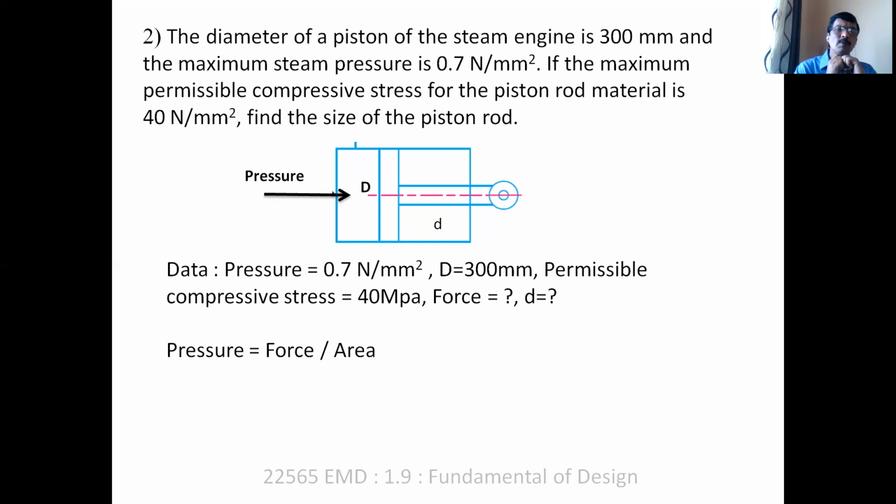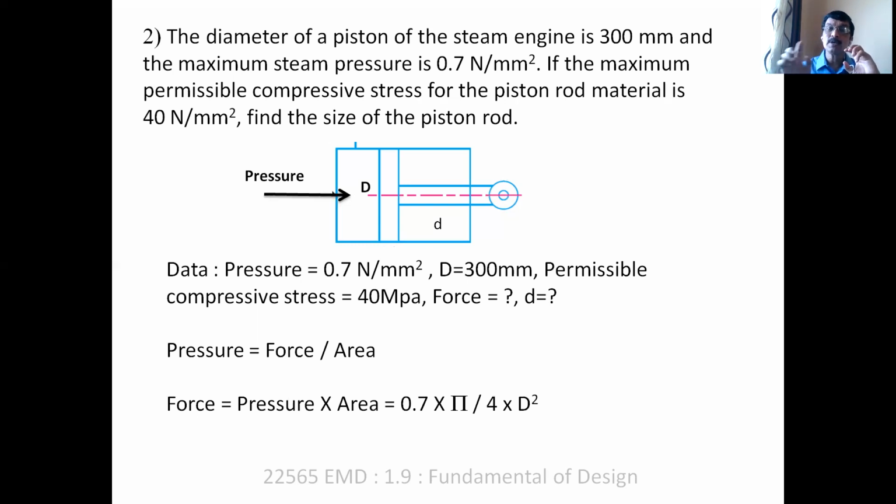Now here pressure is equal to force divided by area. Pressure inside that particular cylinder is 0.7 and the area is having a diameter of 300 mm, so pi by 4, 300 square will be the area. So let us see. Now force is equal to pressure into area, so pressure is 0.7 multiplied by pi by 4 capital D square.